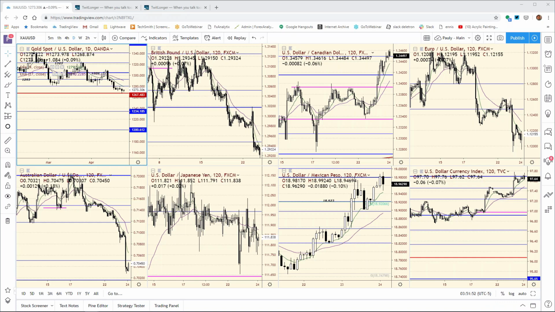I remember pointing out this area and posting this. Support will be 83.24 with resistance here at 84.